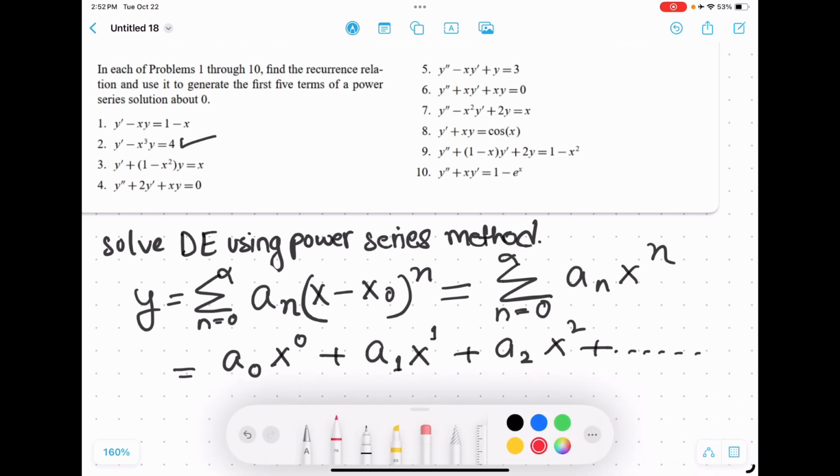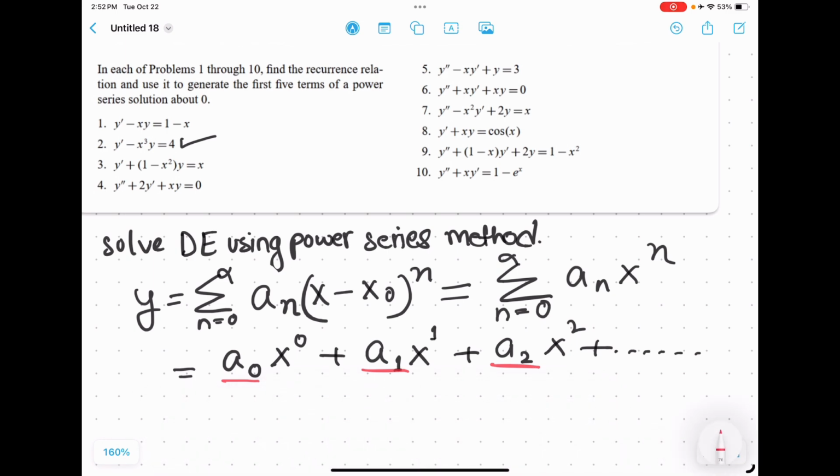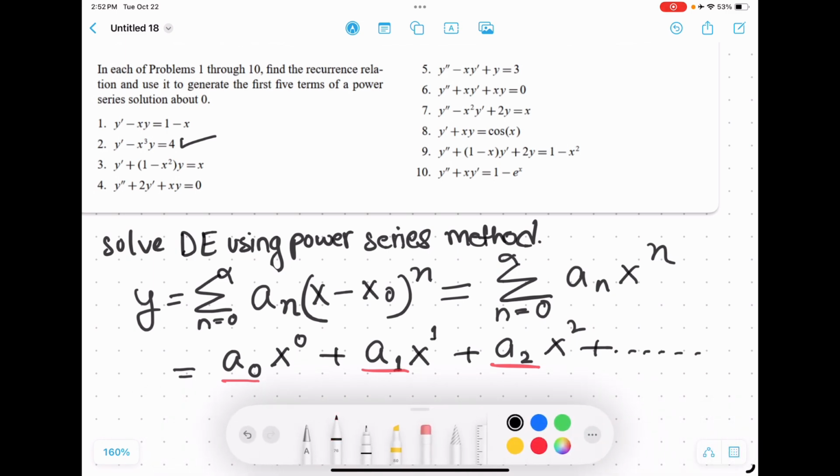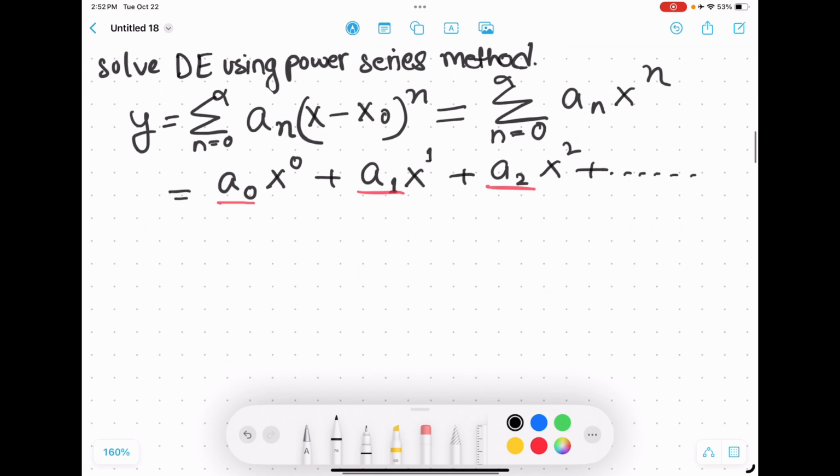So the goal is that our differential equation has to be in this form, where we have to find these coefficients right here. That's the entire idea: we are doing all these steps to be able to find our coefficients. In order to do that, we follow certain steps.